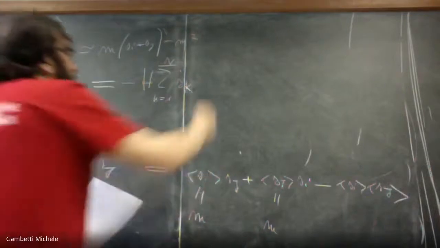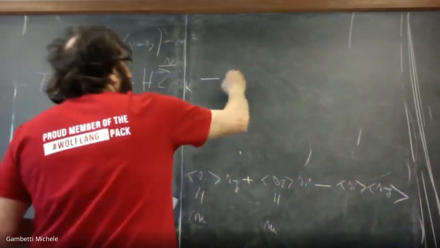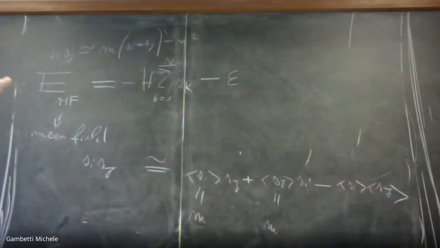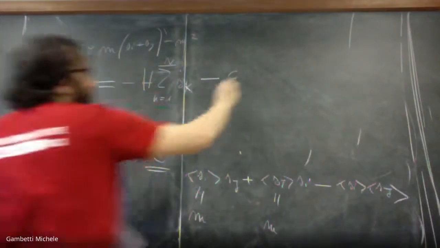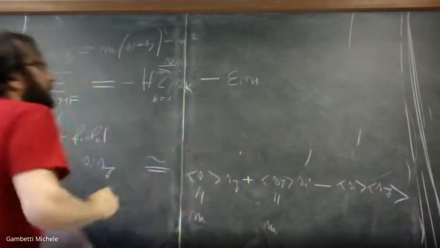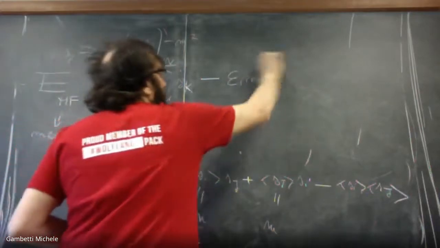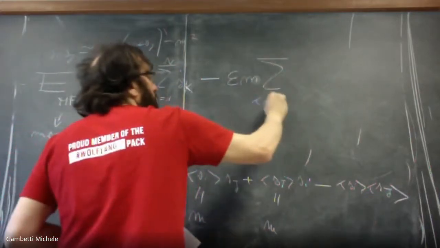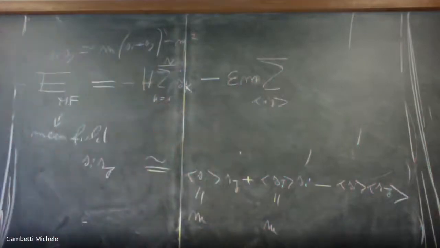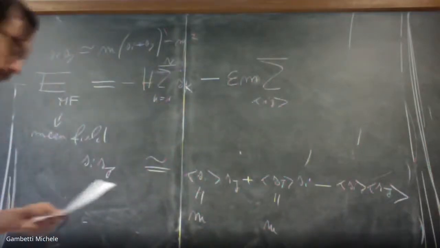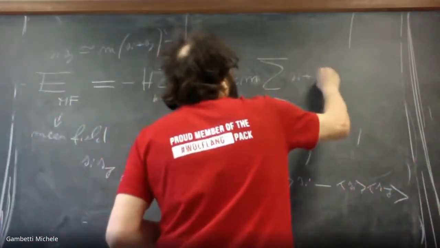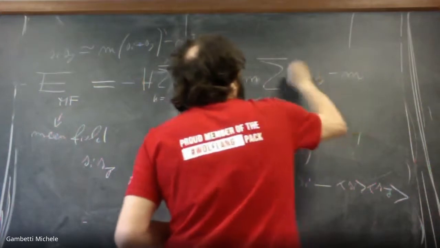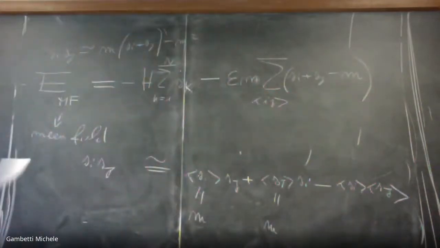And here we have a minus epsilon. Then I have the product s_i s_j that has indeed a coupling epsilon, but here I can collect a factor of n outside. And then I have the sum over the spins that I will work out in a moment, and I have m times (s_i plus s_j) minus m squared.